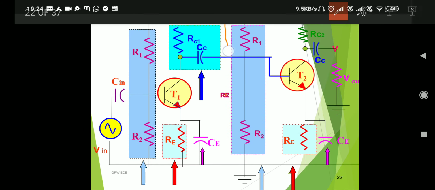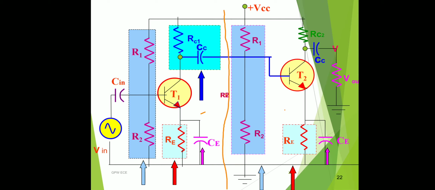This R1 and R2 are the voltage divider biasing resistors, and C1 is the coupling capacitor, the input capacitor, which blocks the DC signal that may be present in the AC signal. The AC signal is applied to the base of the transistor.